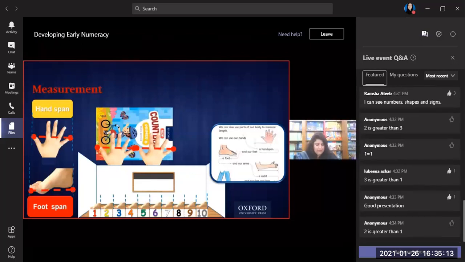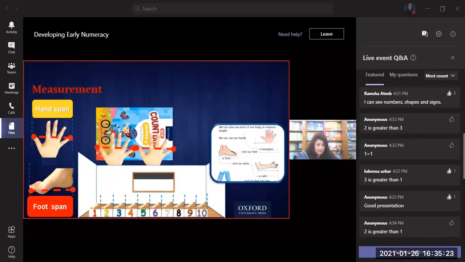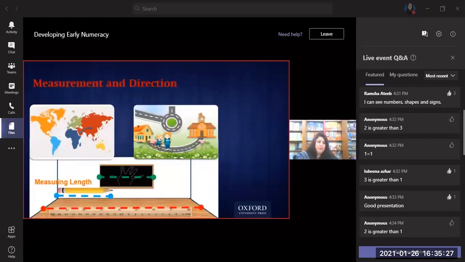So gradually they will be introduced to the concept of measuring with a ruler, like objects like pencil, the concept of distance, and the concept of their home. How far is their home to the school? They will be able to measure that, and gradually we will be actually introducing them to the standard units of measurement.